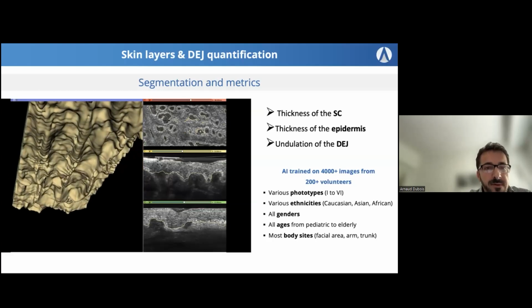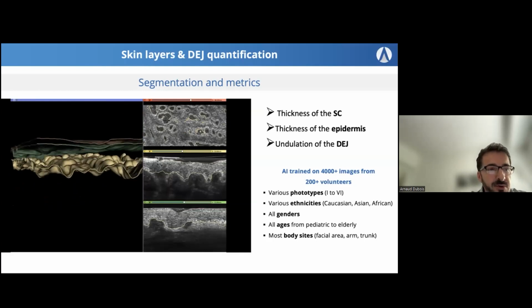To do this, an artificial intelligence algorithm was trained on about 4,000 images acquired from more than 200 people with different phototypes from different ethnic backgrounds, male, female, of all ages, at different locations of the body.